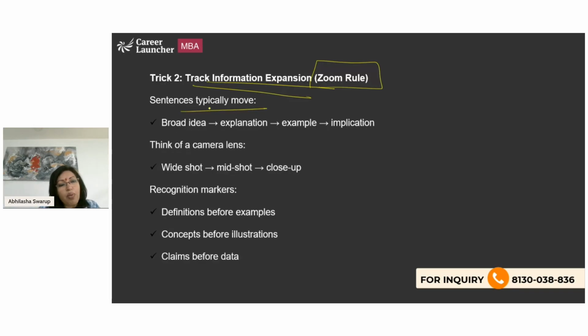So sentences typically move from broad idea to explanation to example to implication. Okay, that's a nice one. Broad idea, explanation, example, and implication. So go from wide to mid shot to close up.